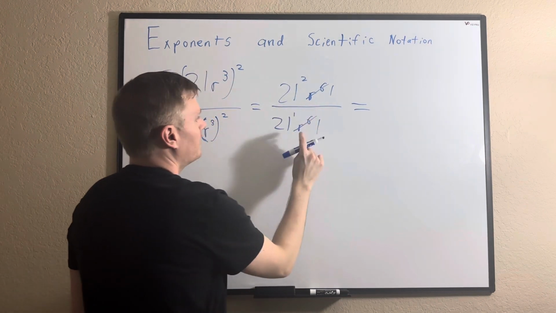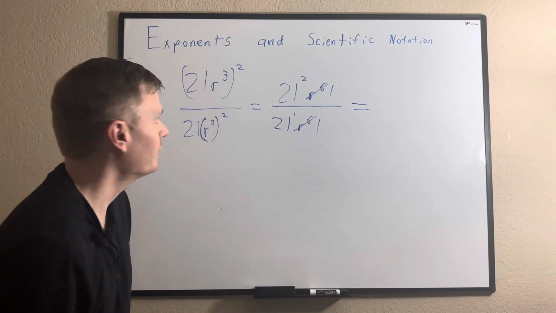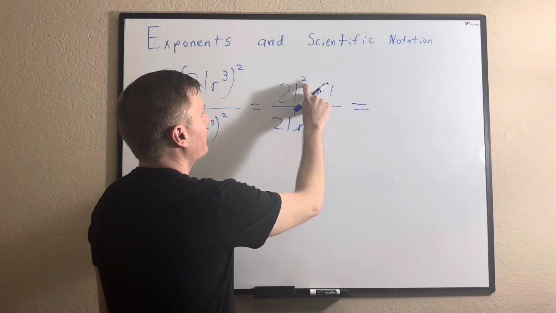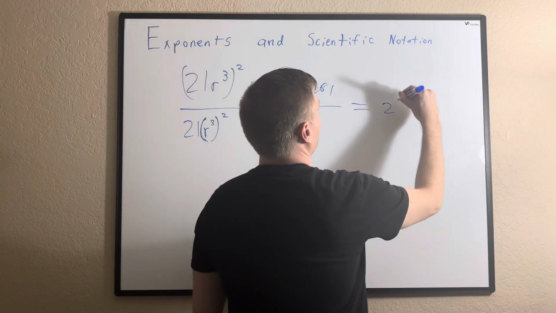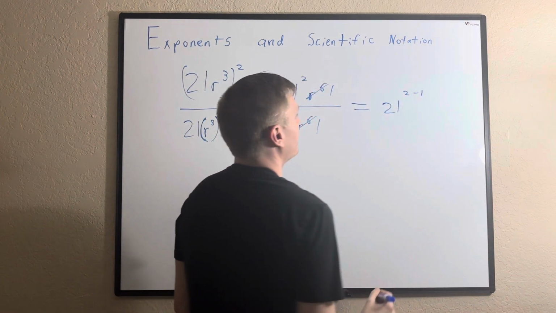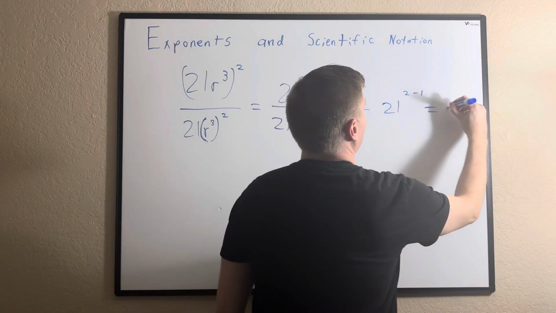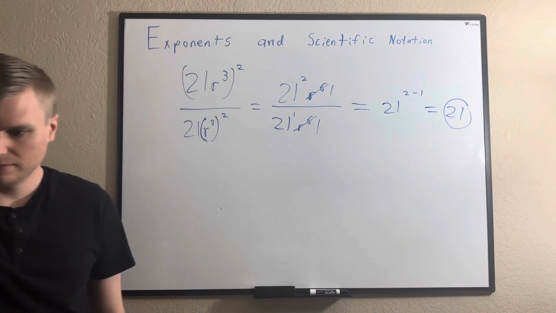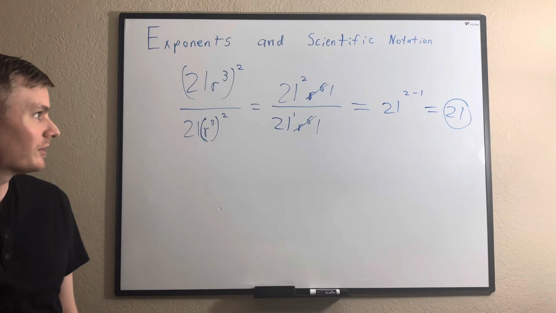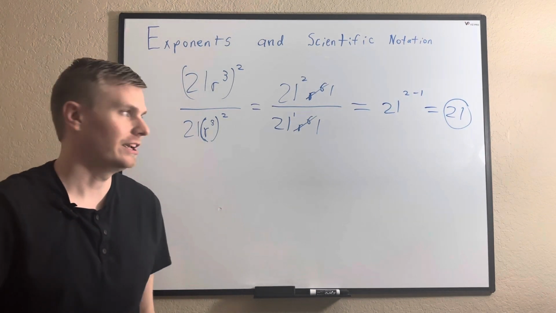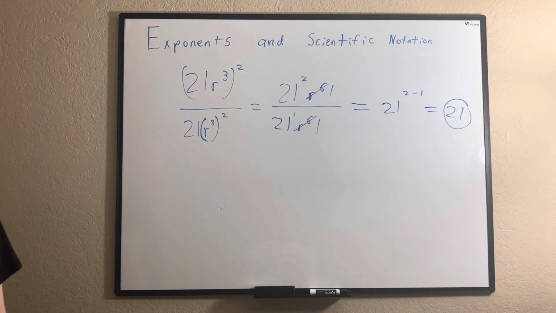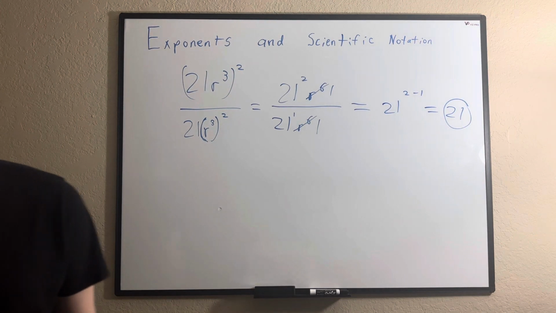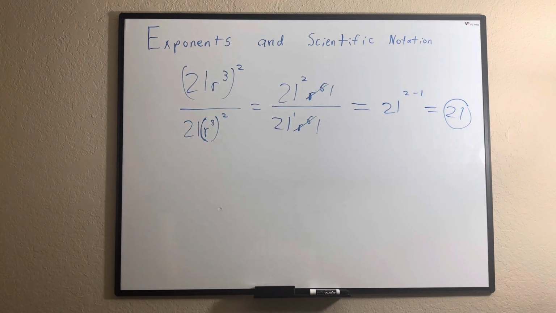Because 21 is a number just like r or x or whatever variable we use, so you can actually do 21 to the power of 2 minus 1, and you just get 21. Oh, did I say that one was hard? Yeah, it's not really hard. I lied.